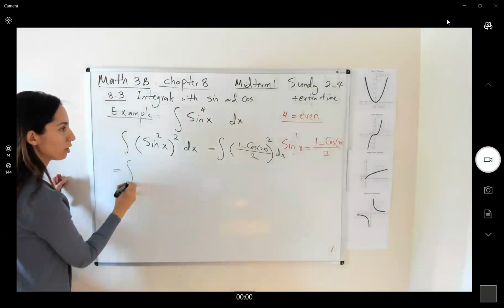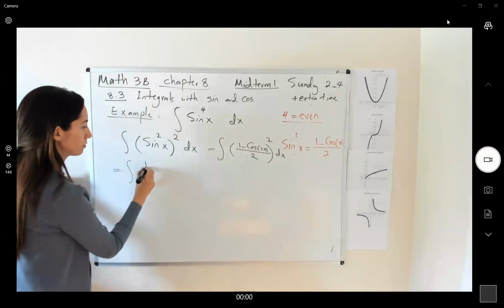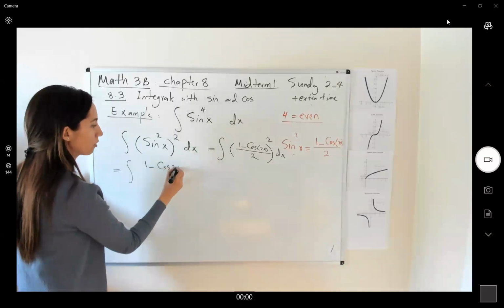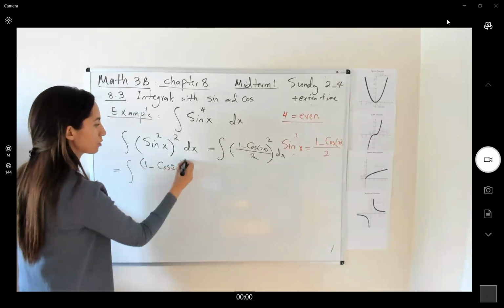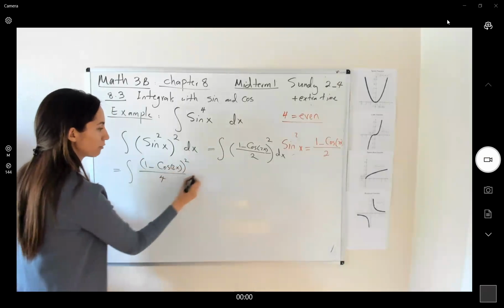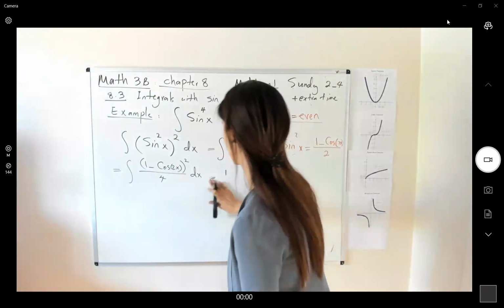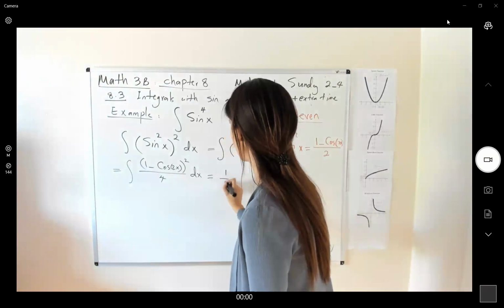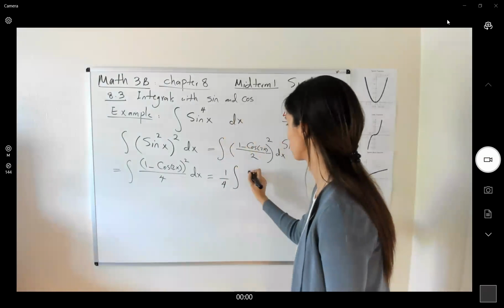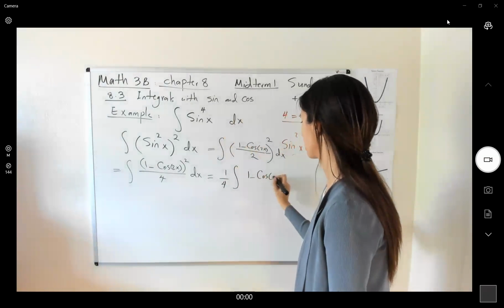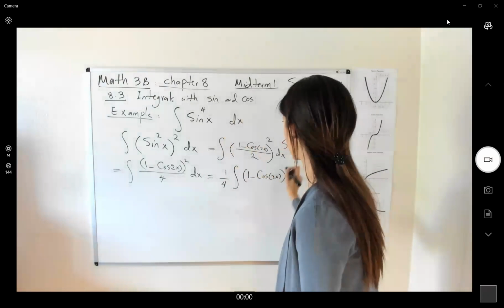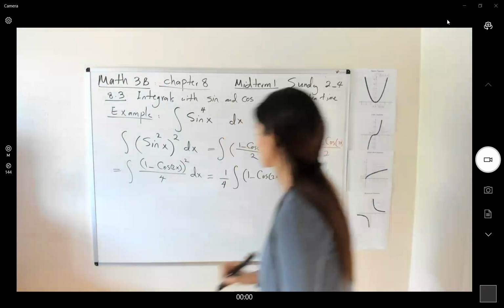This is the integral of 1 minus cosine 2x raised to the second power divided by 4 times dx. So we can write a 1/4 in front of the integral. We get 1 minus cosine 2x raised to 2 dx.